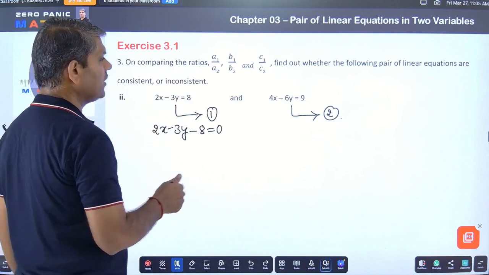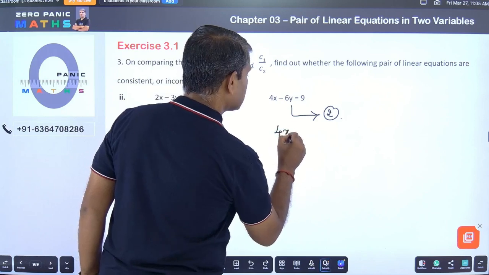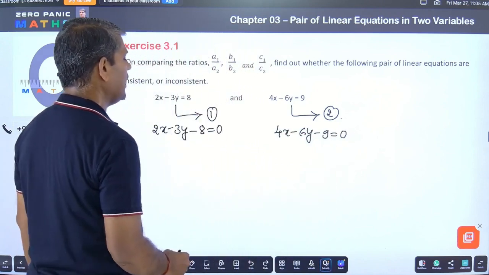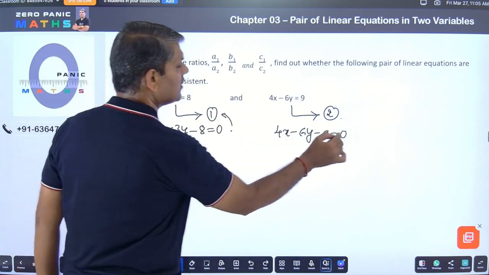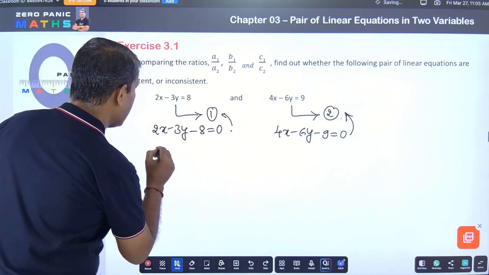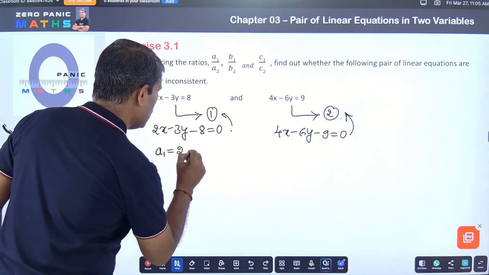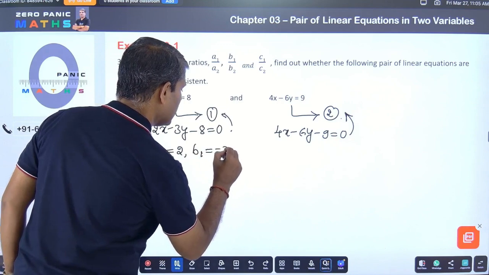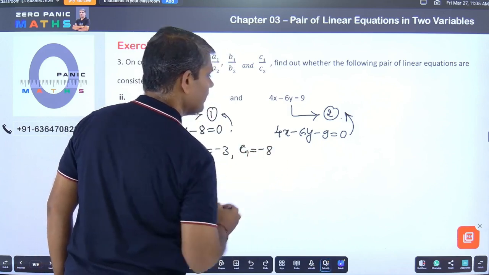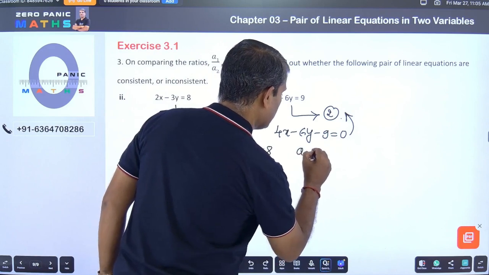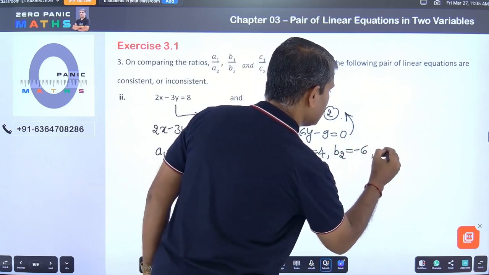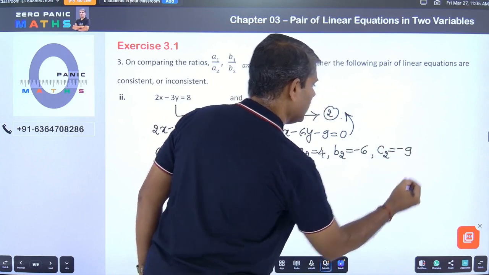Similarly, 4x minus 6y minus 9 is equal to 0. These are the modified equation 1 and equation 2. Now A1 is 2, B1 is -3, C1 is -8. A2 is 4, B2 is -6 and C2 is -9.